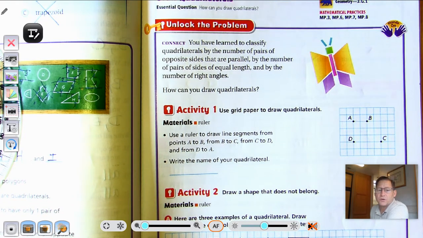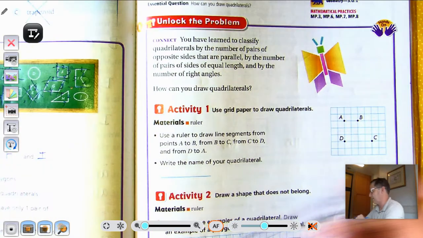So it says use a ruler to draw line segments from points A to B, from B to C, from C to D, and D to A. Okay, so let's do that.